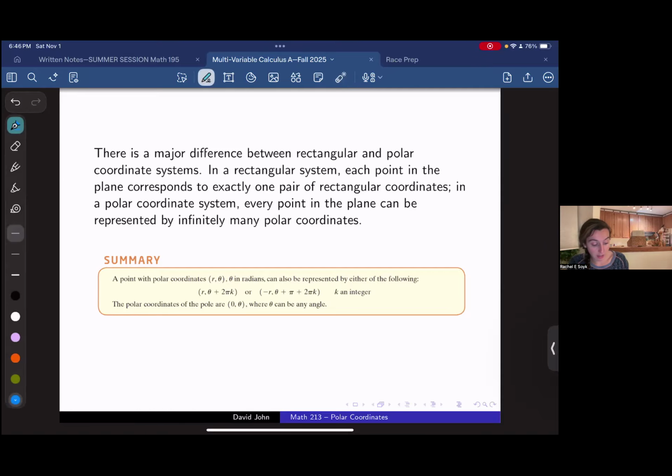And that's key because in a polar coordinate system, we have an infinite number of polar coordinates. And again, that's because we're dealing with coterminal angles. Our angle measures go on forever and ever.